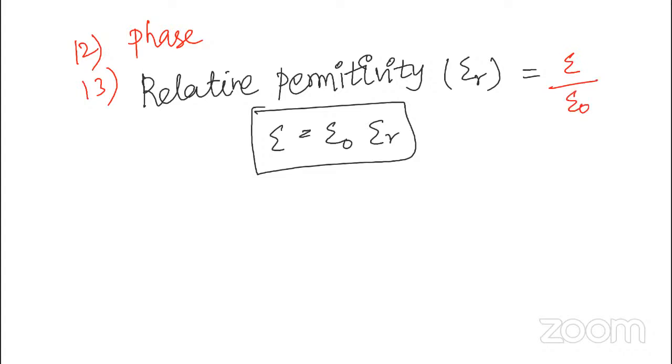So epsilon R is a dimensionless quantity. Next one, relative permeability.